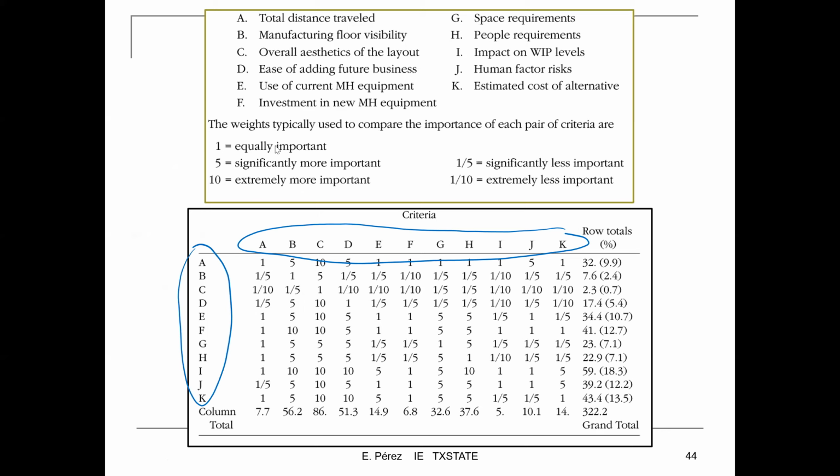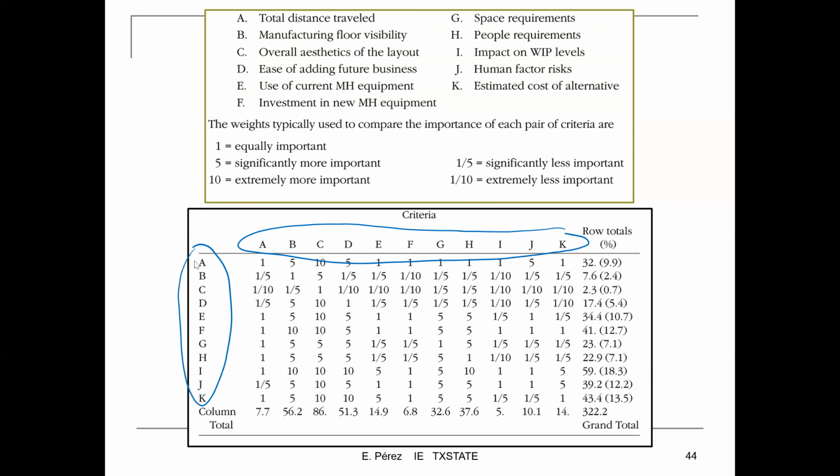Are they equally important? 5 if one is more important than the other, and 10 if it is extremely more important. 1/5 if it is significantly less important, and 1/10 if one of the criteria is extremely less important.